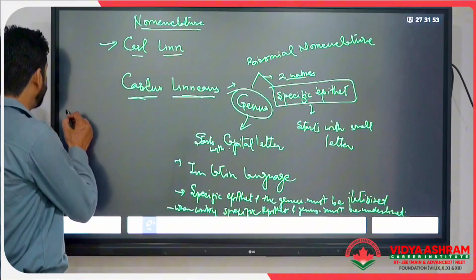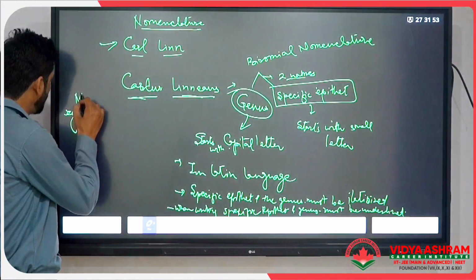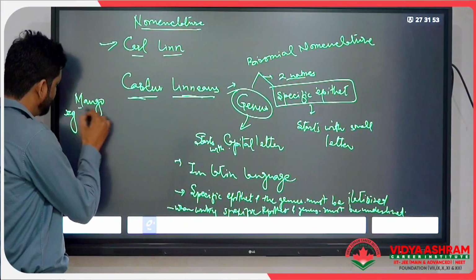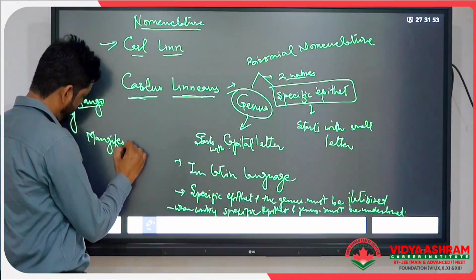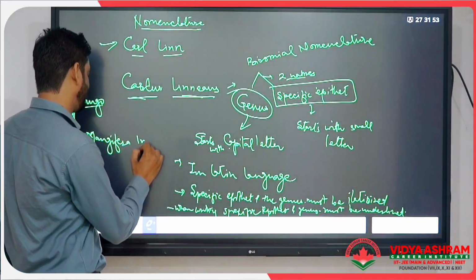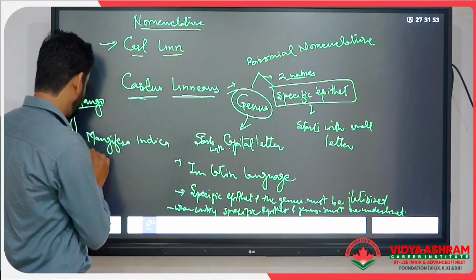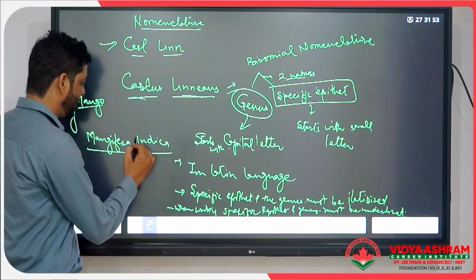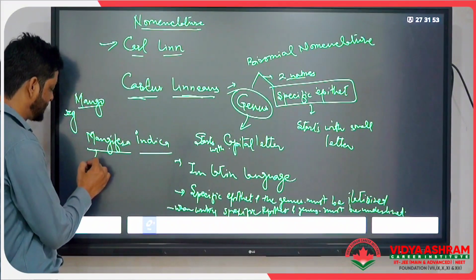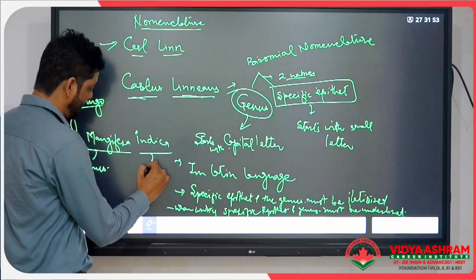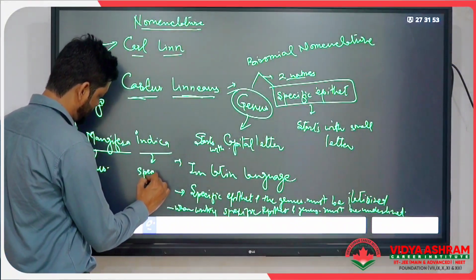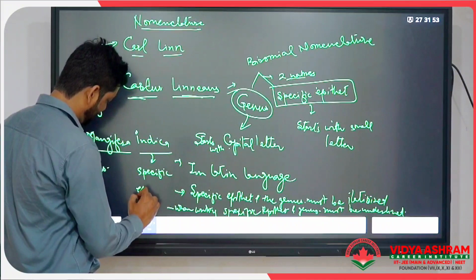So there is an example, the name of mango, Mangifera indica. In Mangifera indica, Mangifera represents the genus and indica represents the species, the specific epithet.